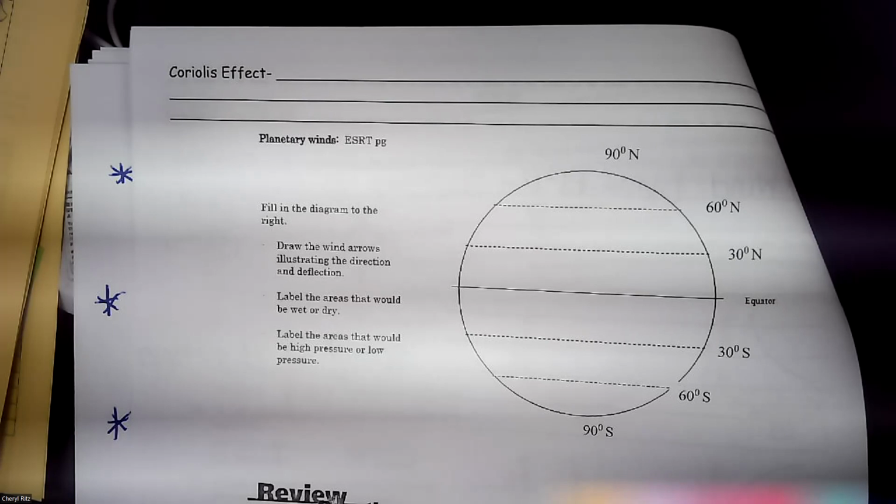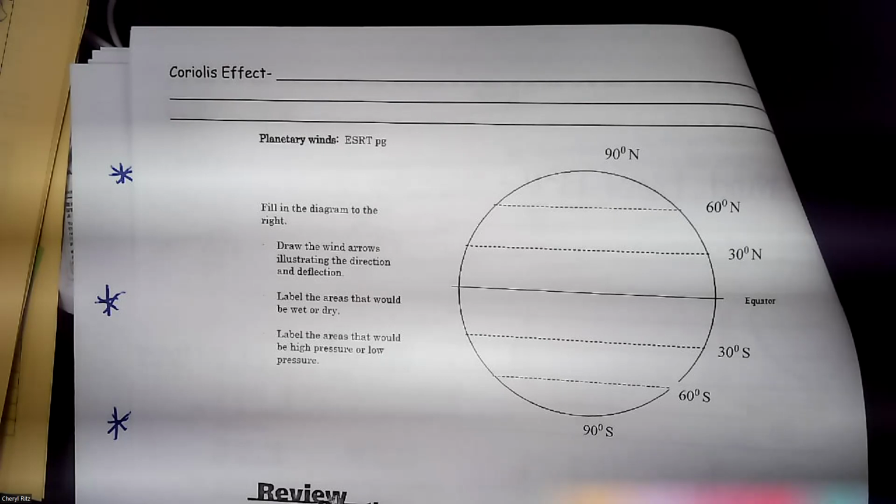Coriolis effect is the same idea, except instead of footballs, bullets, or missiles, we're talking about the wind. When the wind blows from a high pressure to a low pressure, it's going to appear that it curves. Just like that football, you can't throw it straight, you have to throw it ahead of the player.